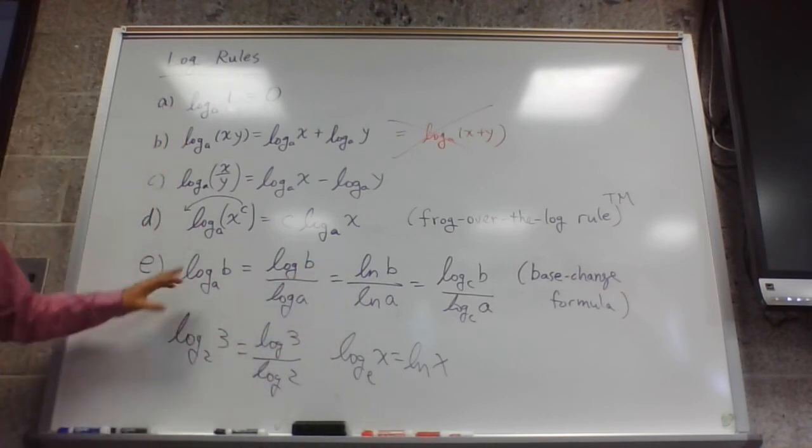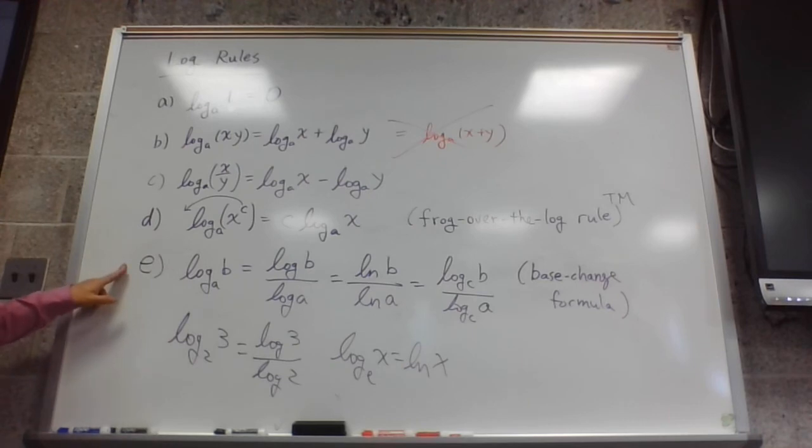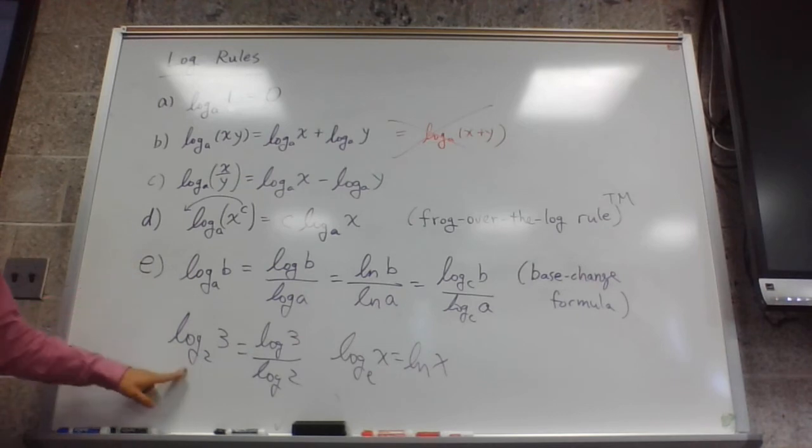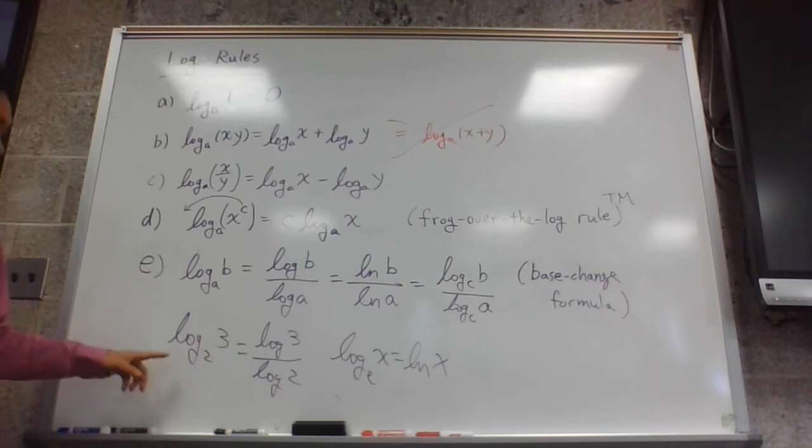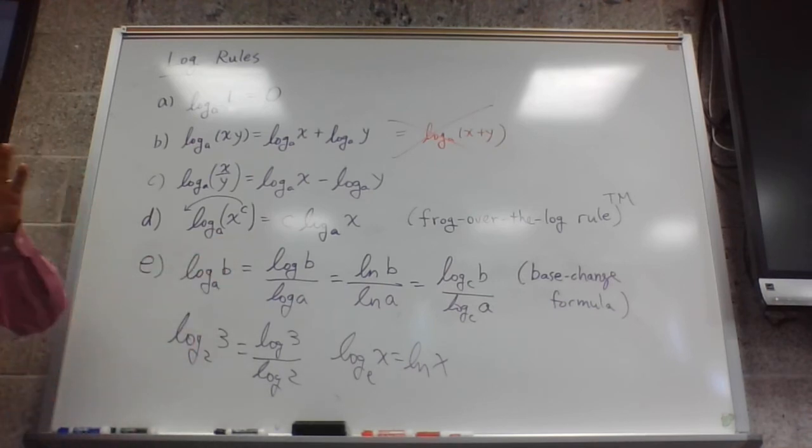This base change formula is a crucial formula if you want to use your calculator to calculate. Without knowing the base change formula, you're just stuck. If you're asked what's log 2 of 3, you can't solve this by hand, and you can't use your calculator because you don't know the base change formula. Got that? Is that good?